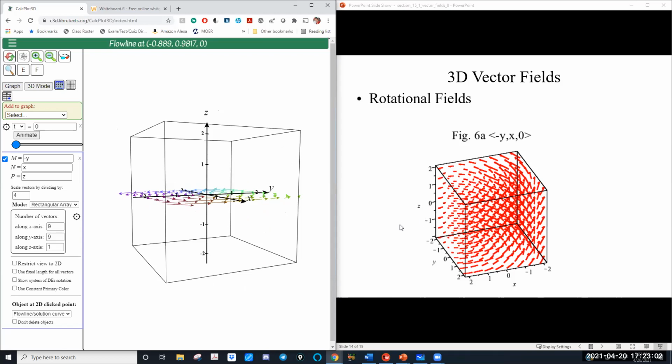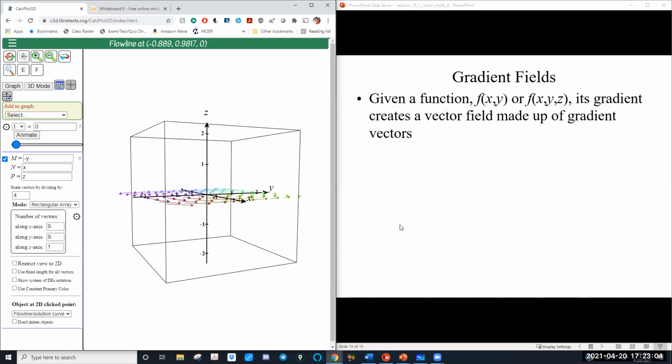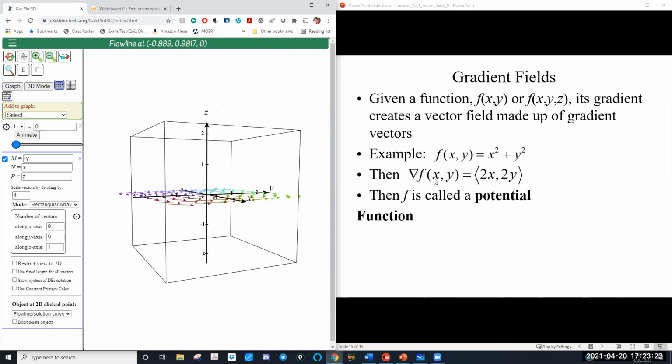Those are just the introduction to them. Now, we did talk about this, and I'm going to bring it up one more time. If we find the gradient of a function, that creates a vector field made up of the gradients. Easy example is x squared plus y squared, because the gradient is 2x, 2y, which is a vector field.